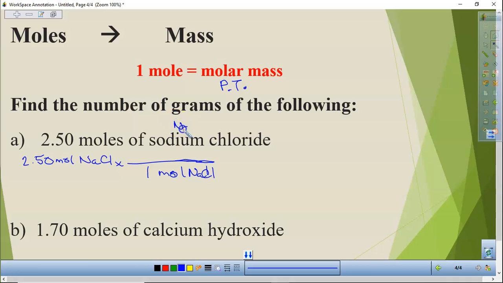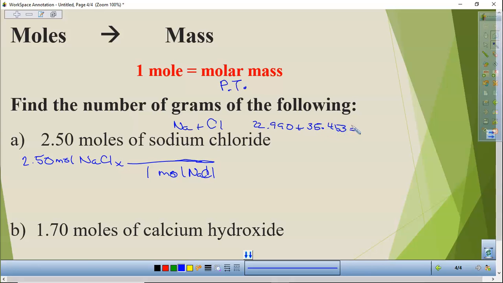Sodium chloride is made up of 1 sodium plus 1 chlorine, NaCl. So the molar mass of sodium, 22.990, plus the molar mass of 1 chlorine, because that's all that's in the formula, 35.453.